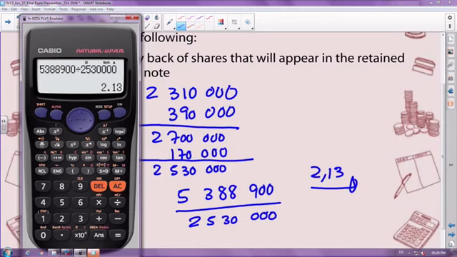Now the question that you may be asking is, why am I subtracting this 170,000 shares? Because those are the shares that we bought back, and the figure that is given to you is after your buyback. So this 5,388,900 is the value of your shares after you bought back, and that is represented by the 2,530,000 shares. I hope you clearly understand that.